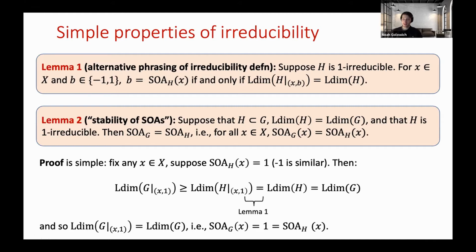And it's easy to see that in such a case, the Littlestone dimension of G restricted to x-1 must be less than the Littlestone dimension of G. If it were also equal to LDIM of G, we'd be able to construct a tree of depth d plus 1 which is shattered by the class G, which would contradict the definition of Littlestone dimension. So what this means is that SOA G of x is equal to 1. And as we assumed, 1 is equal to SOA H of x, so that concludes the proof.